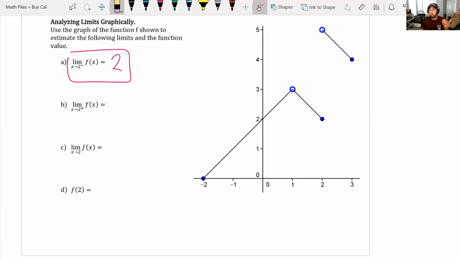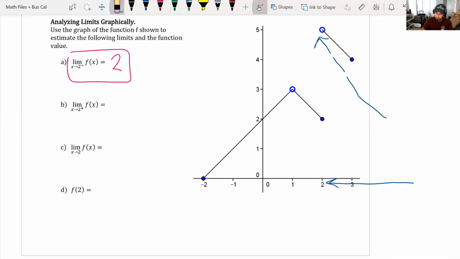Okay, and then the next one is, what is the limit as we approach 2 from the right side? Well, now we approach 2 from the right side, and again, track your x values with your graph, so we'll be looking at this graph above. So as we approach 2 from the right side, we see that your y values get closer and closer to 5.